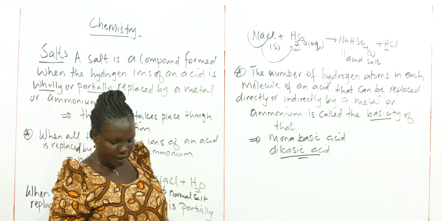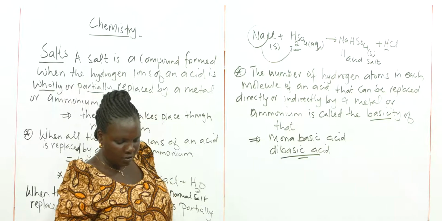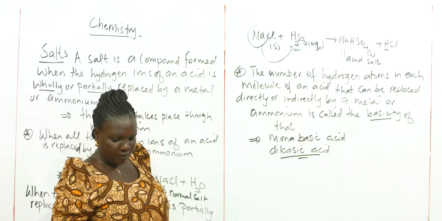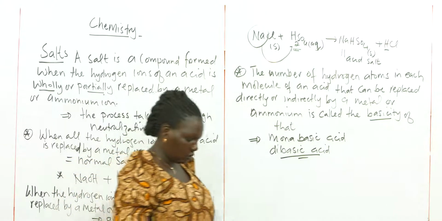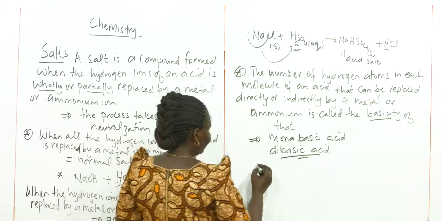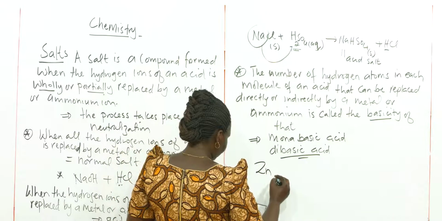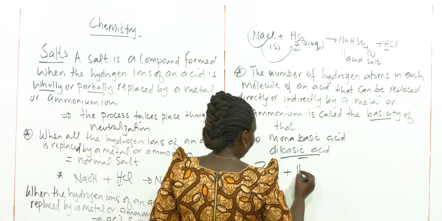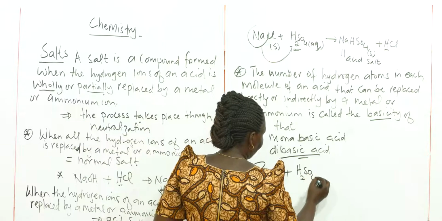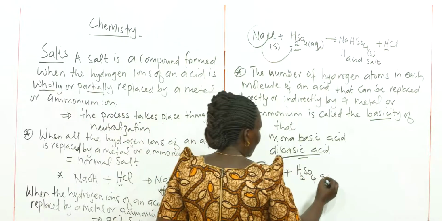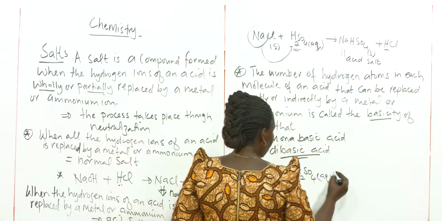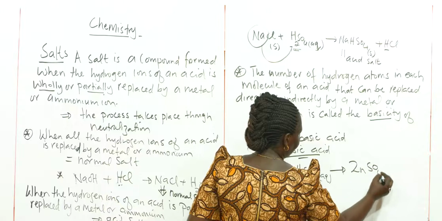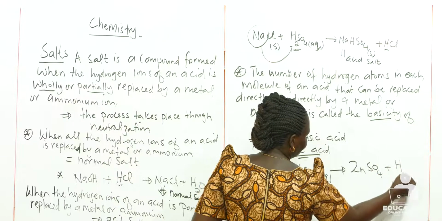Therefore, let us look at an example where all hydrogen atoms of acid are replaced. We have a normal salt. So we have, for example, zinc metal, that is solid, reacting with sulfuric acid, that is a dibasic acid, in aqueous form, giving us zinc sulfate and hydrogen gas.